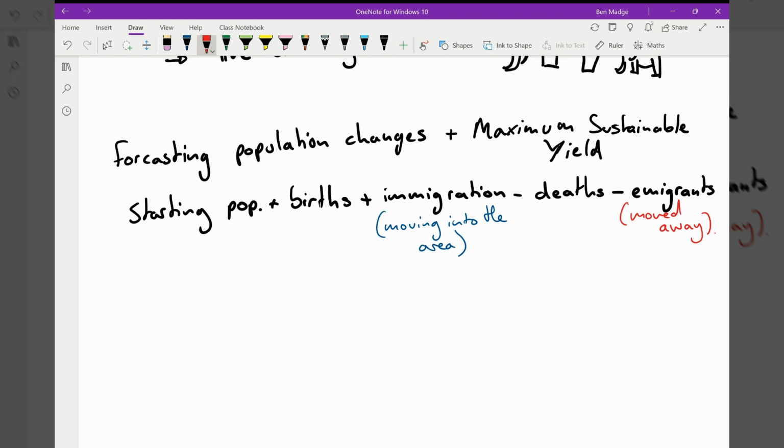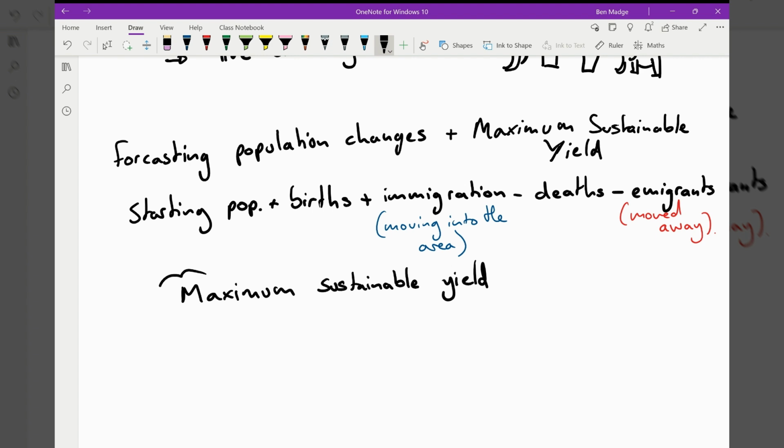And this is important because it will allow us to establish, or help to establish, if we have reached something which is called maximum sustainable yield, which is the amount of individuals that can be extracted from a population before it sees an unsustainable long-term population decline.